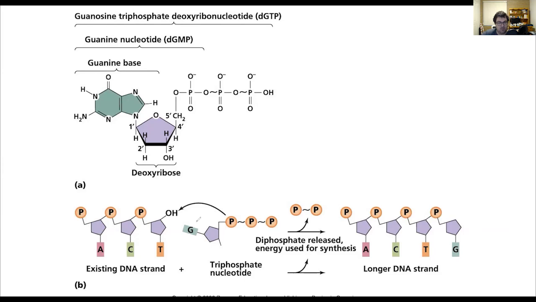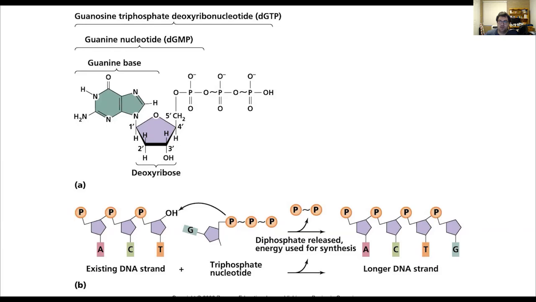They have the nucleotide, the sugar phosphate backbone, which has a triphosphate group on it. This bond here gets broken in the process of joining it to the new chain, and the leftover energy from breaking that bond powers the entire process.